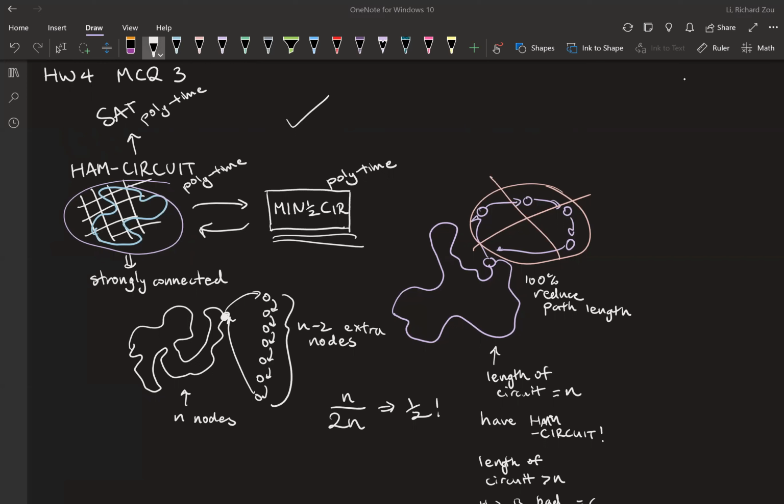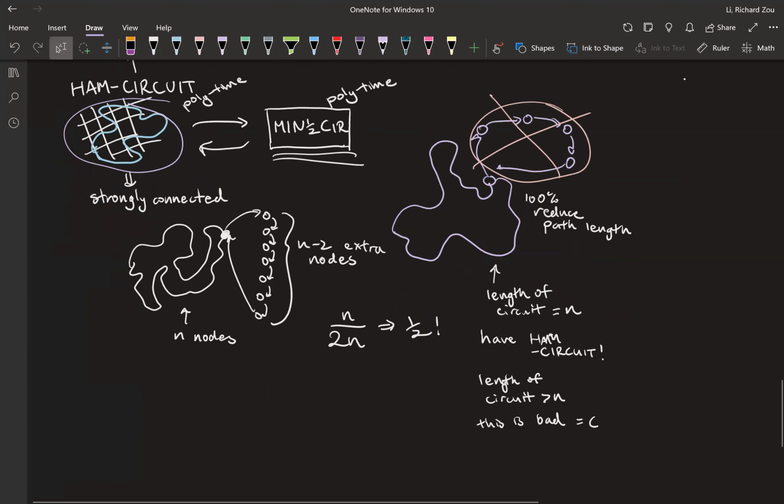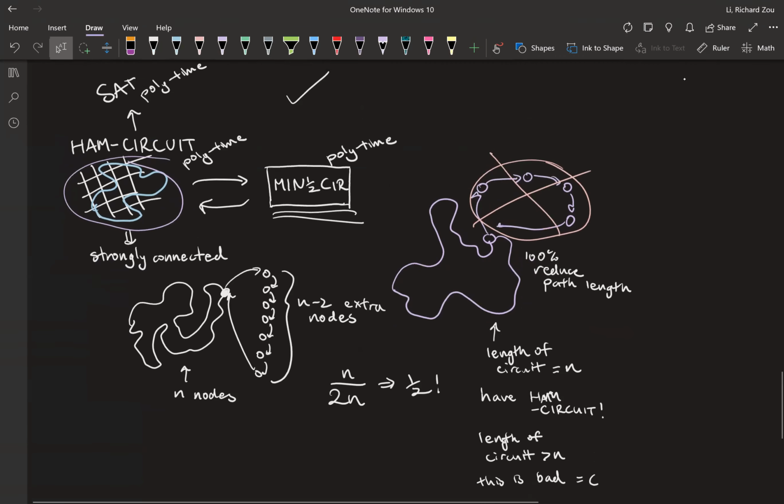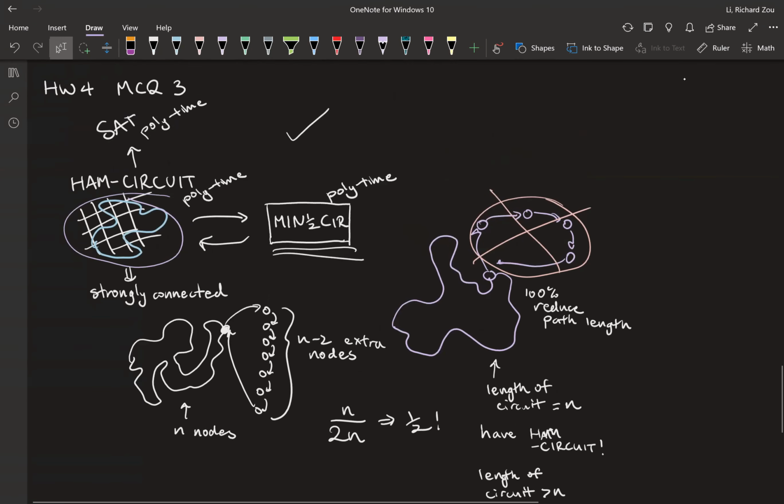So again, hopefully solving this problem might give you a little bit more insight into how I might tackle some of these questions, where you just look at the problem and try to think of a few ways. DP doesn't work because this isn't a DAG, because it's strongly connected.